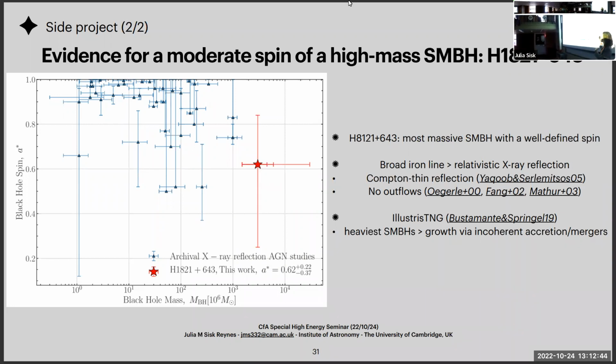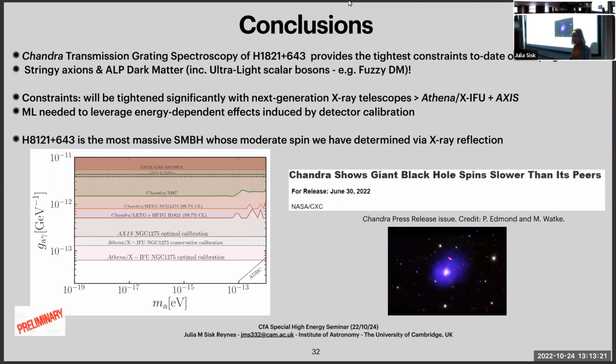This seems to favor the notion that these lower mass black holes may be growing following coherent accretion events, and when they reach a certain mass threshold, their spin might be decreasing due to their ongoing growth with supermassive black hole mergers and/or coherent accretion events, which seems to be in line with the numerical models that I was mentioning in the previous slide. So I'm just going to leave it there and take any questions, and thank you for your attention.